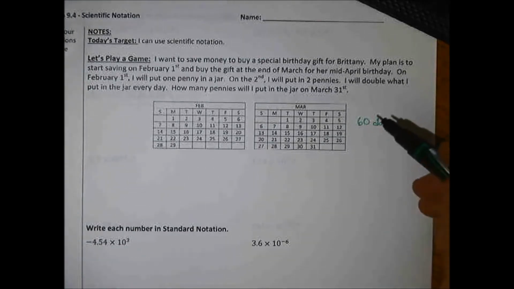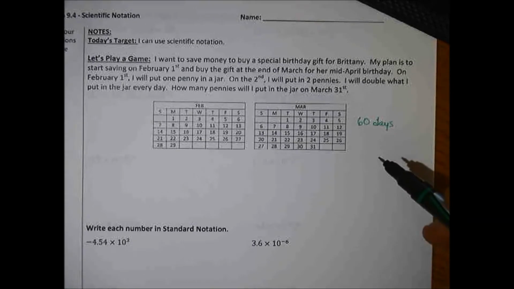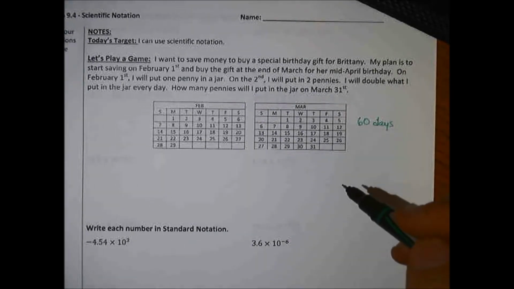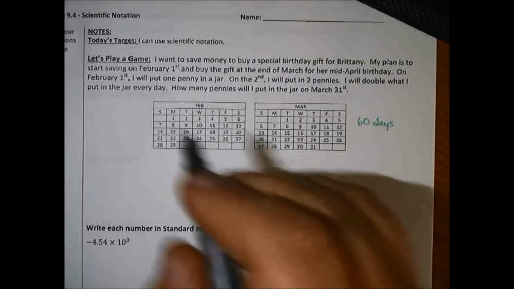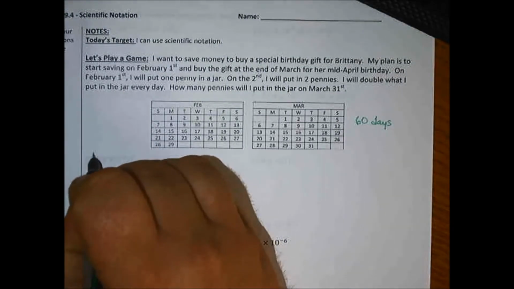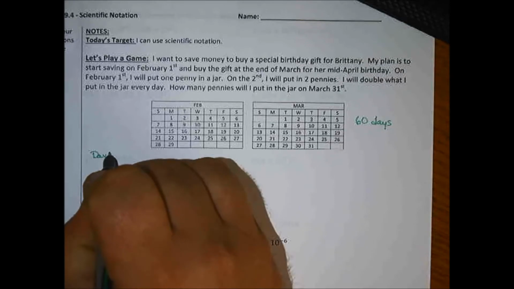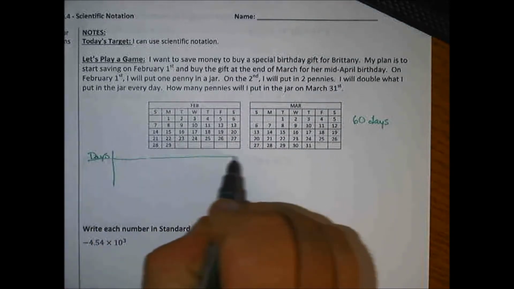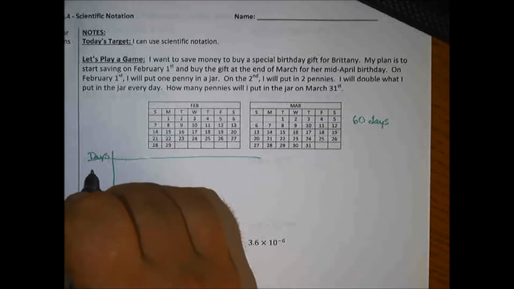All right. Now my plan is to put 1 penny in the jar on the first day, 2 pennies in the jar on the second day, and every day I'm going to double it. Okay? So that means if we're looking at days, I'm going to build a little table here. So we're going to have days, and we're going to have number of pennies.